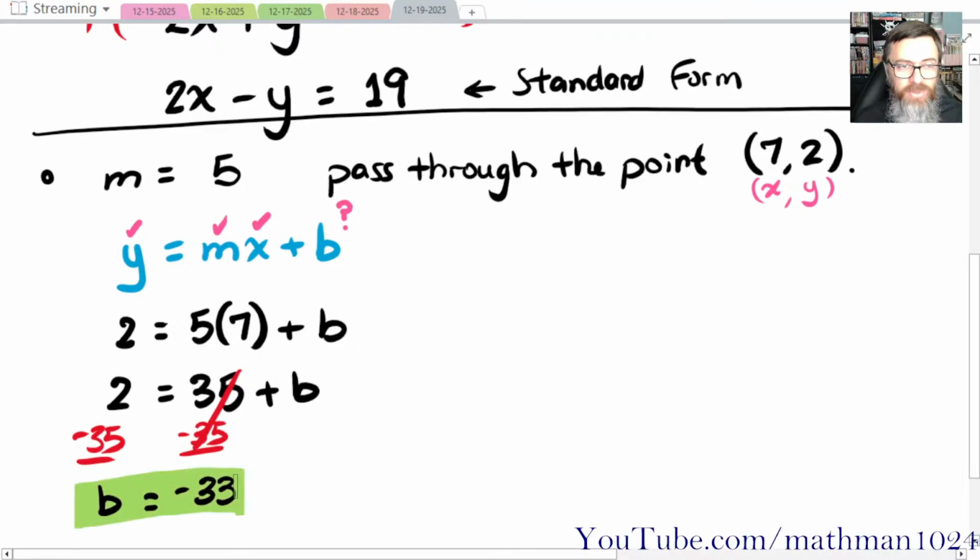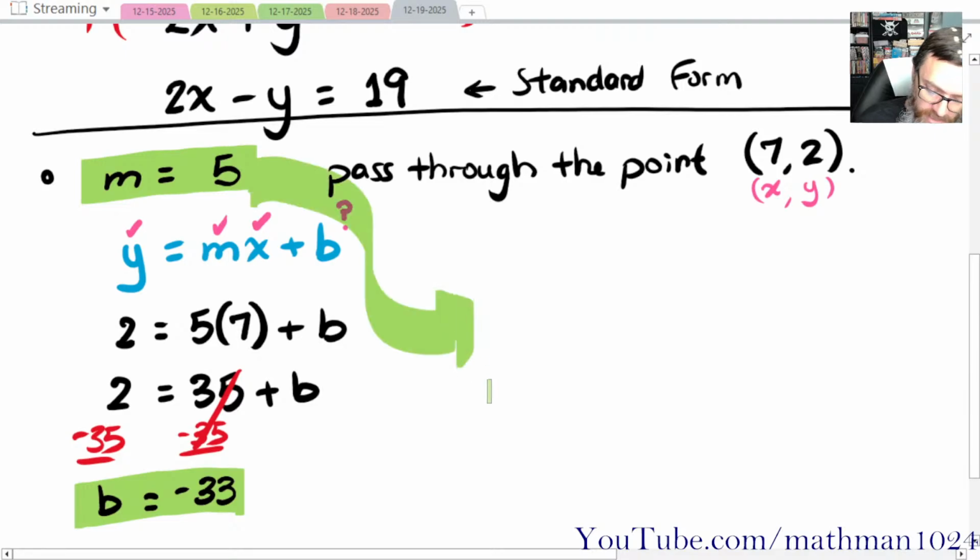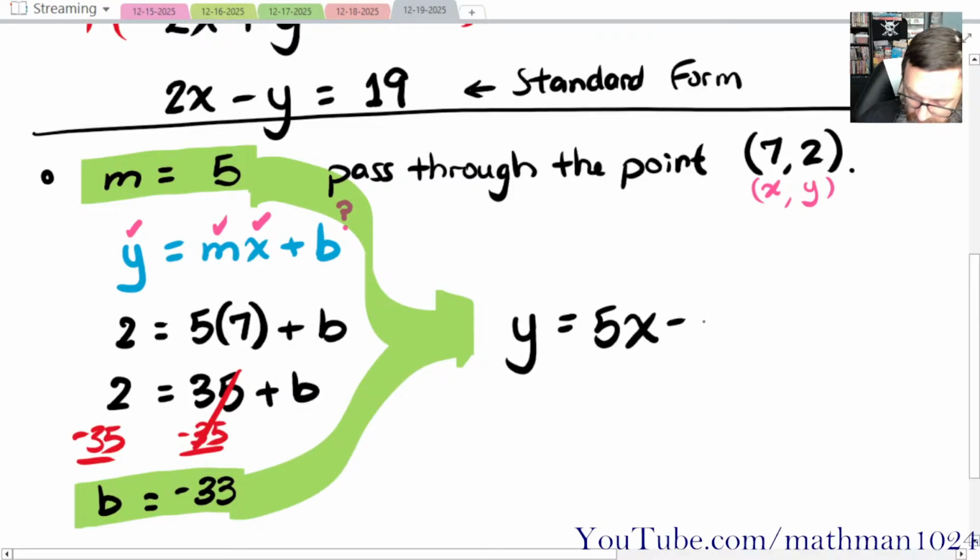This is not my answer, but I'm going to use that with my slope, which is 5, and I'm going to write my equation from that. So y equals positive 5x minus 33. That is going to be my final answer.